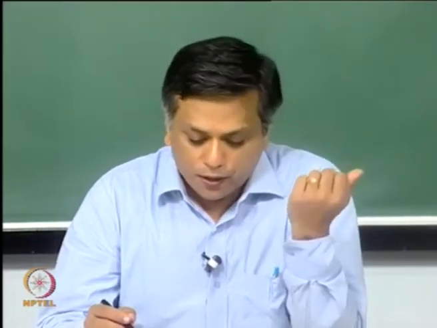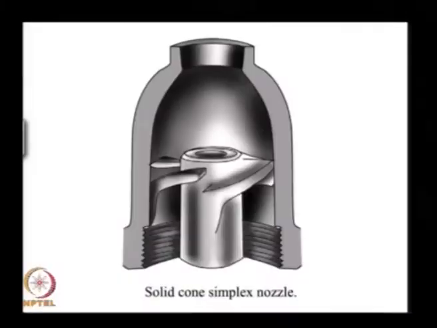The simplex atomizer, like I said, is one of the most widely used, and many of the other designs you will see today are all based on the basic simplex concept. Okay, so, one variant of the simplex concept is what we are seeing here in this schematic.